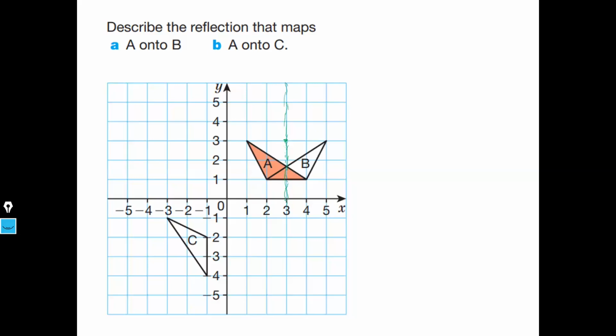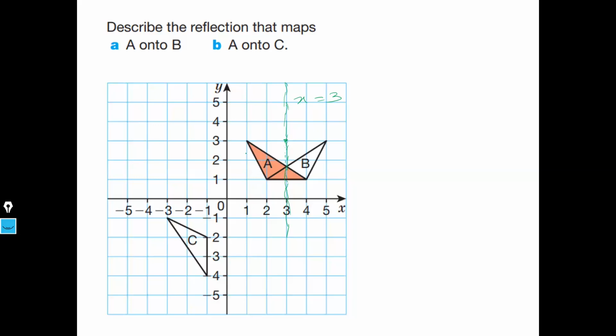So this line is represented by x is equal to 3. Always remember, if x is equal to a constant, that line is parallel to the y-axis. This is a vertical line.